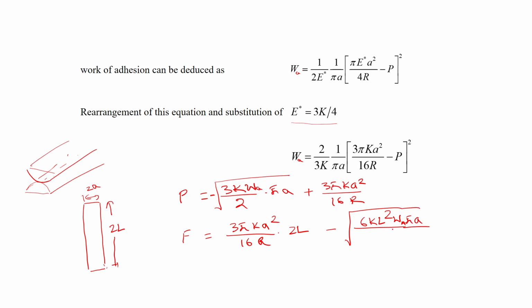So, I do not have anything else, so let me write it without the ratio here. It will be 6 K L square W a pi into a, like this. Here 2 and 16 you can cancel, and we get 8 here, like that.